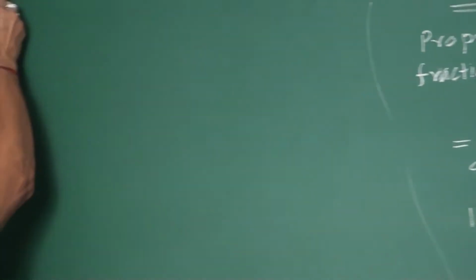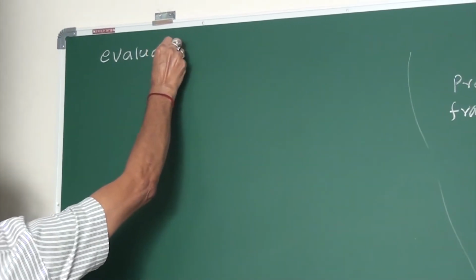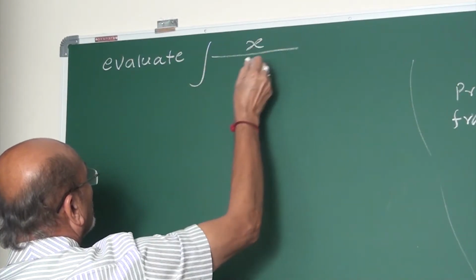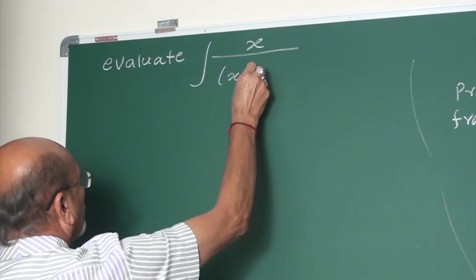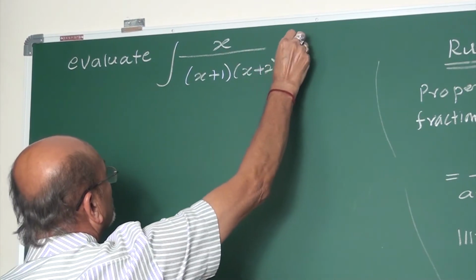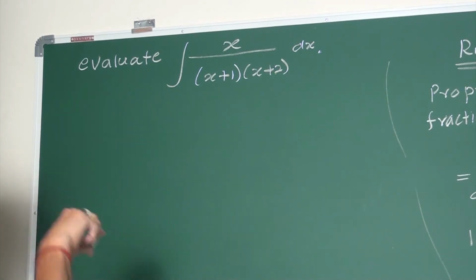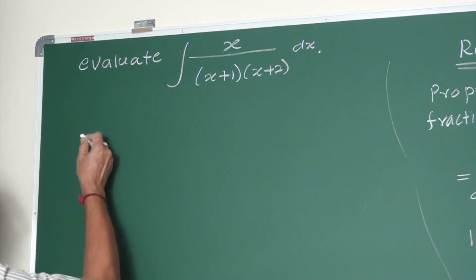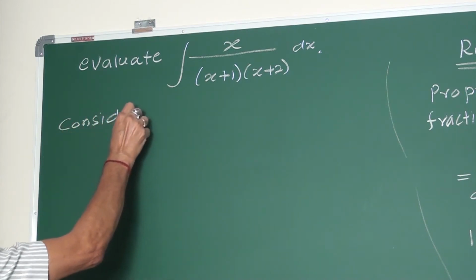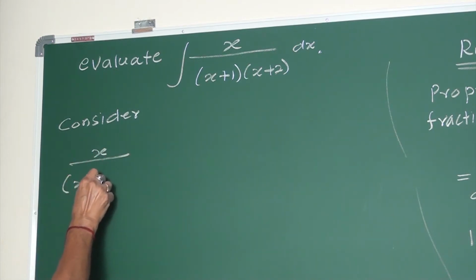Evaluate integral x upon x plus 1 into x plus 2 dx. Yes, friends, this is a proper fraction. Consider this separately: x upon x plus 1 into x plus 2.